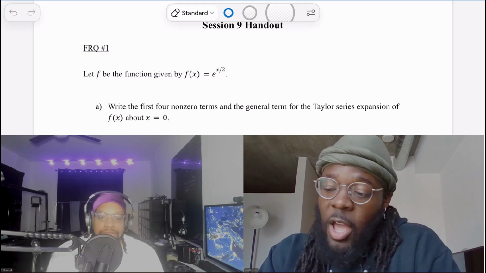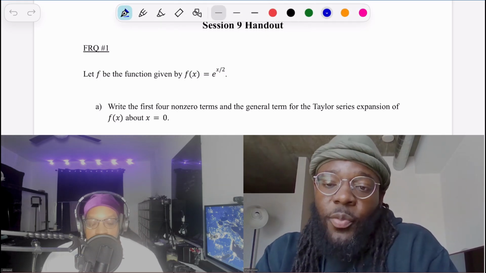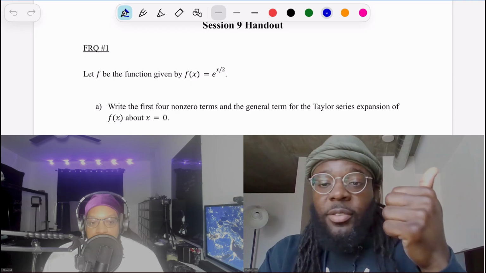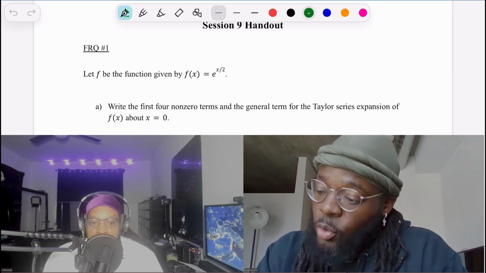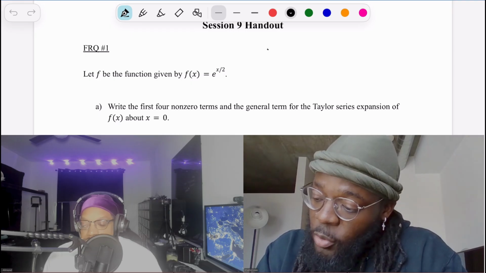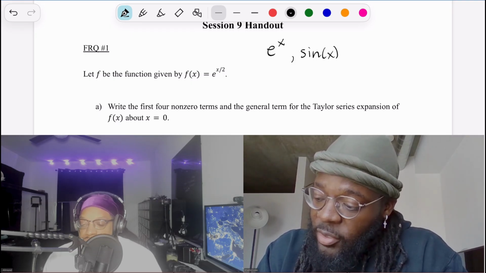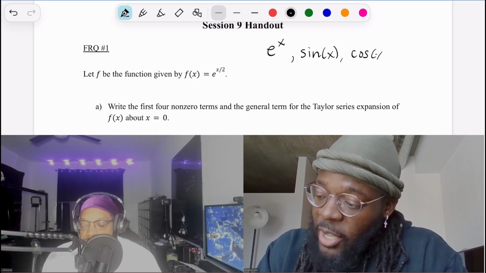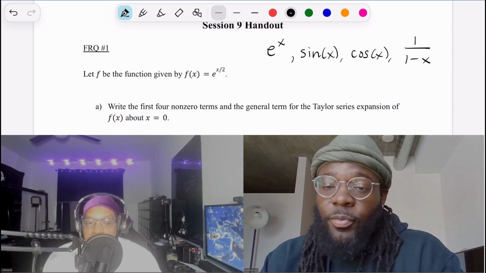All right, so if you're in Calc BC, you have to pull up to the exam knowing the Taylor series for e to the x, cosine x, sine of x, and 1 over 1 minus x. So those are your main big four. So e to the x, sine of x, cosine of x, and 1 over 1 minus x. So they'll ask you about those four functions.